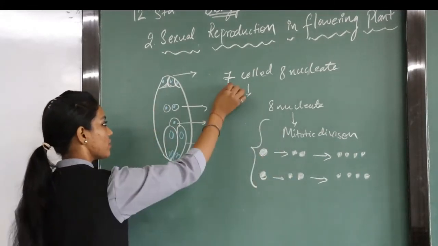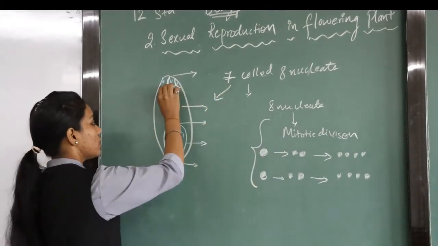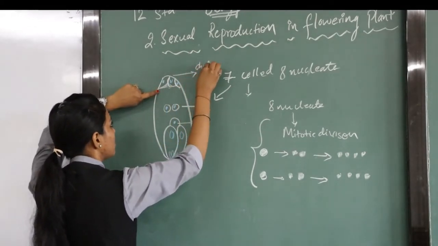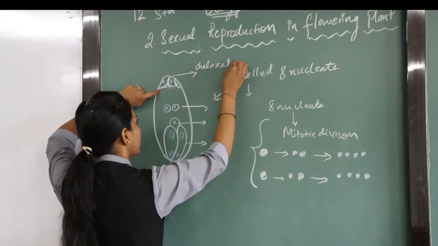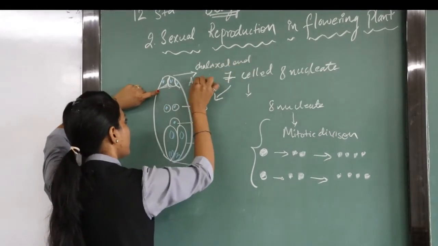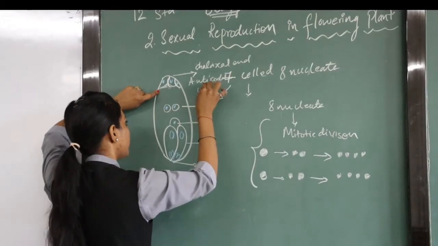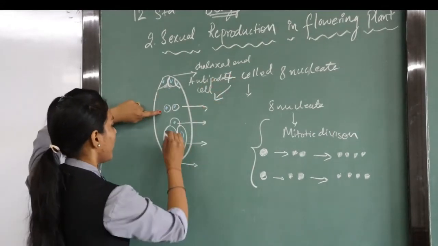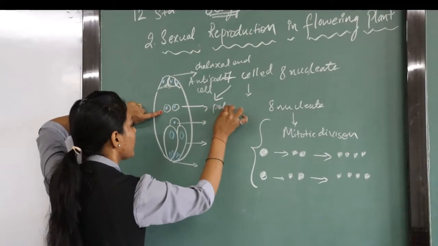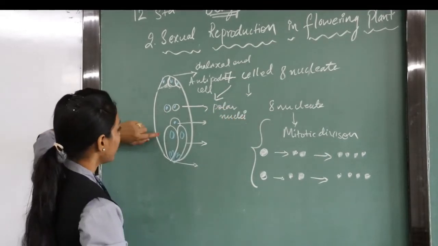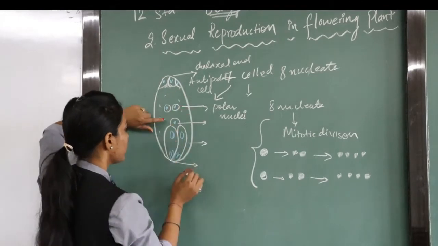For the 7-cell formation, you can see here these 3 cells present at the chalazal end, which are called antipodal cells. The 2 are polar nuclei, which are present at the center of the cytoplasm.